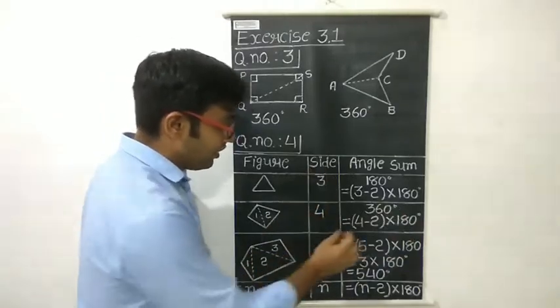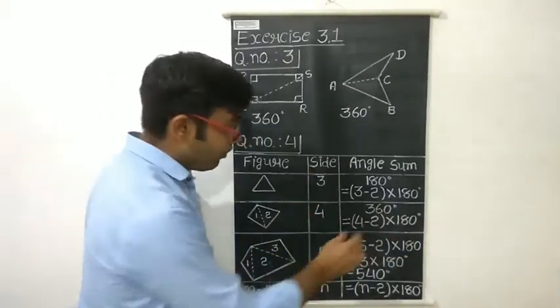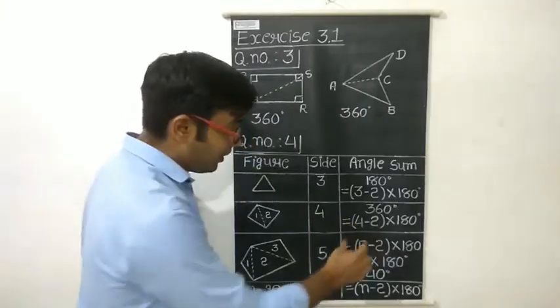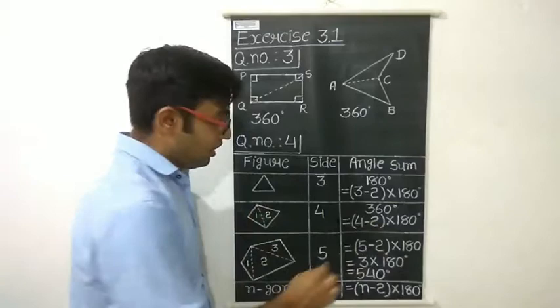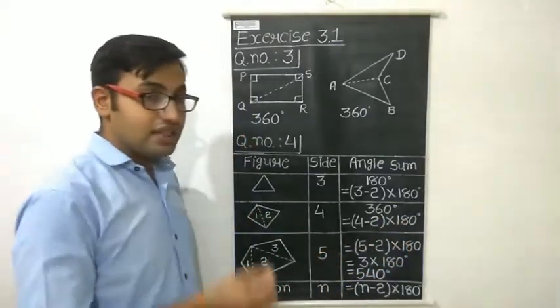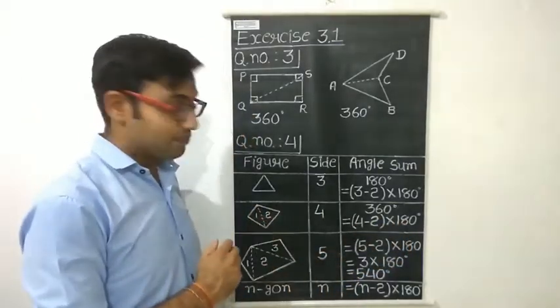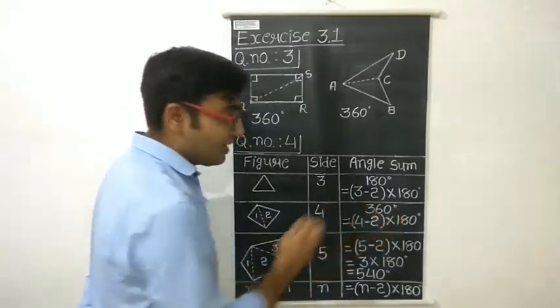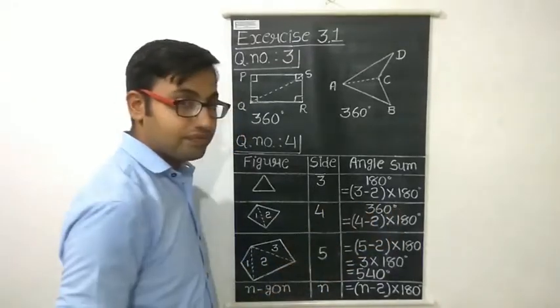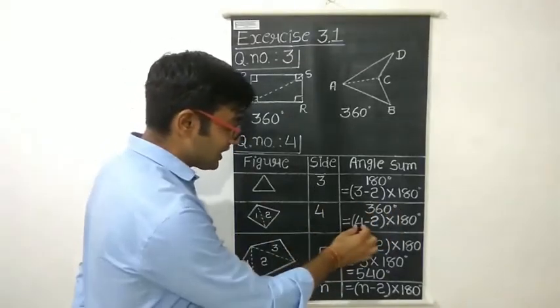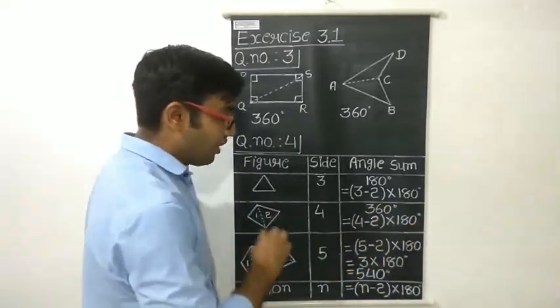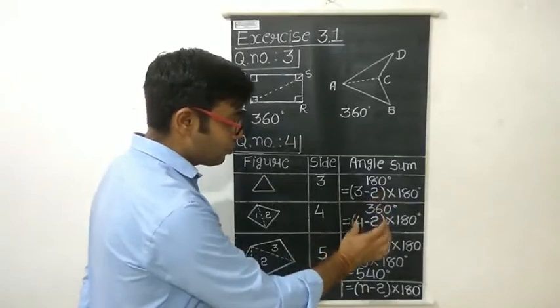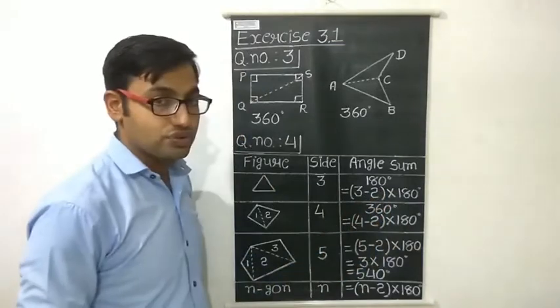Consider the side, and subtract 2 from the side. It will give us 4 minus 2 is equal to 2, and 2 into 180 degrees is equal to 360 degrees. So we get our exact figure, 360 degrees. So here also we relate the side and 180 degrees. So now you understand why we rewrite it as 3 minus 2 and this as 4 minus 2.